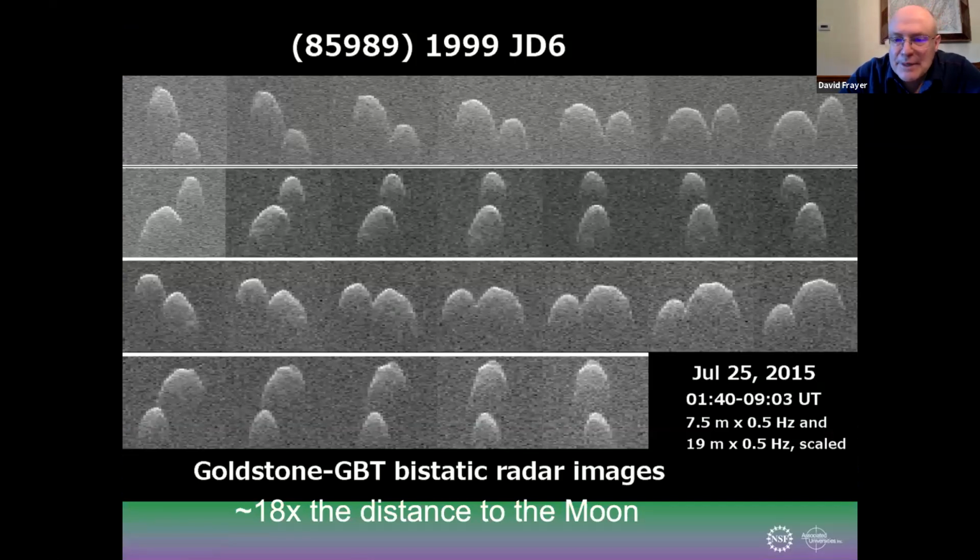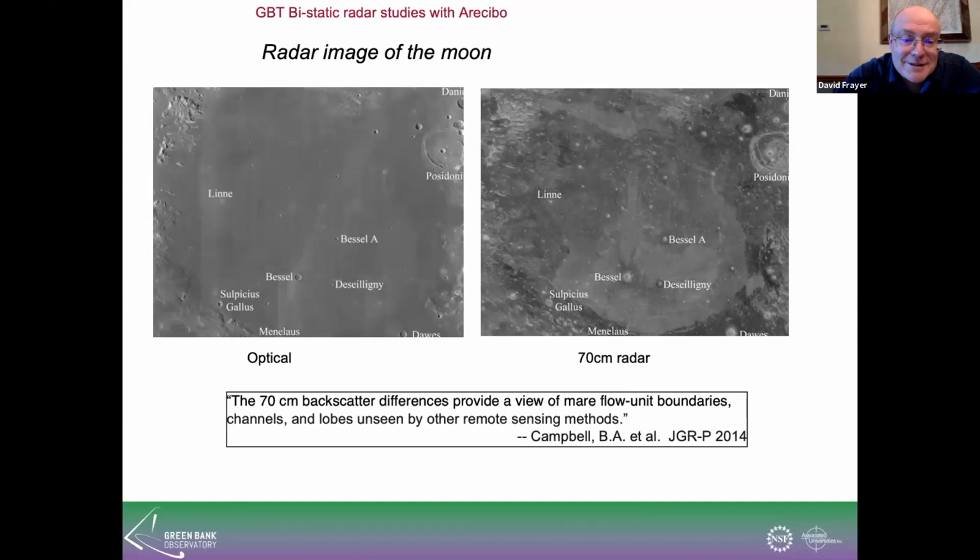You pick up pictures of the moon. It's nice. The one to the right is a radio image of the moon, and the one to the left is an optical image of the moon. You actually look down under the surface layers that you can't see optically, and in the radio you can see features that you can't see optically.